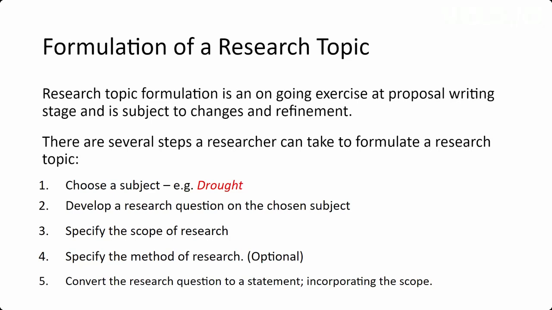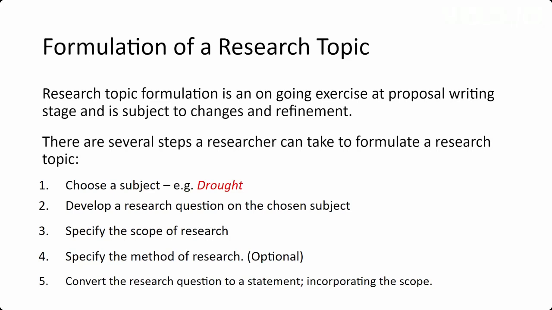So in short, at the end of the final stage of formulation, you need to incorporate step 2, step 3, step 4. Actually, let me start from step 1. You need to incorporate step 1, step 2, step 3, step 4. Then you would be done, or you would have formulated your research topic.